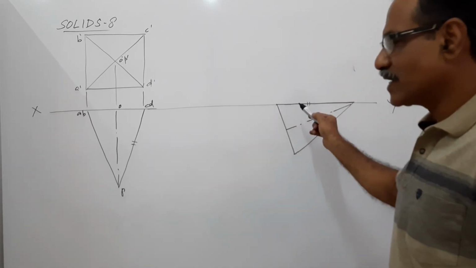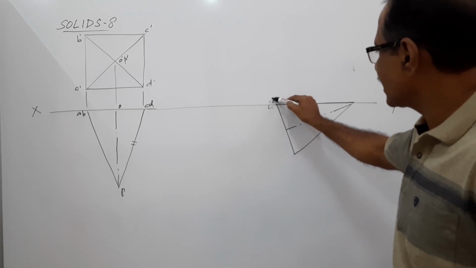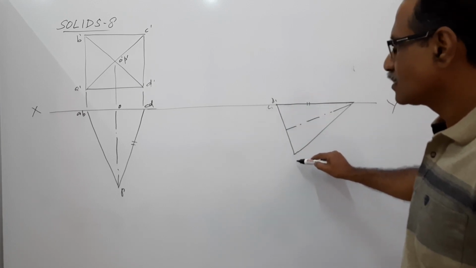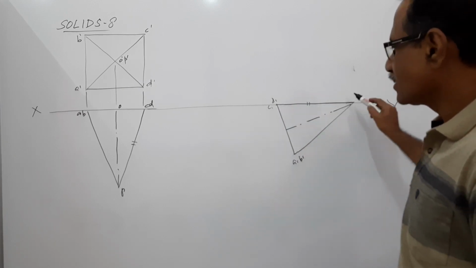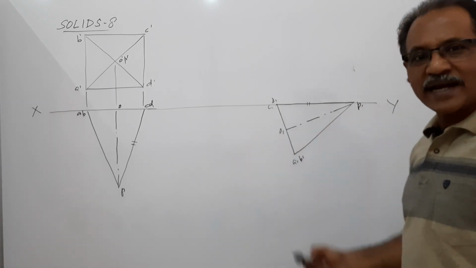So what is this point? This is C1 D1. This is what? A1 B1. This is what? P1. This is what? O1. What is this? This is the plan redrawn.